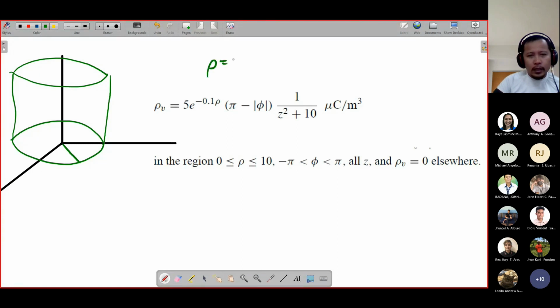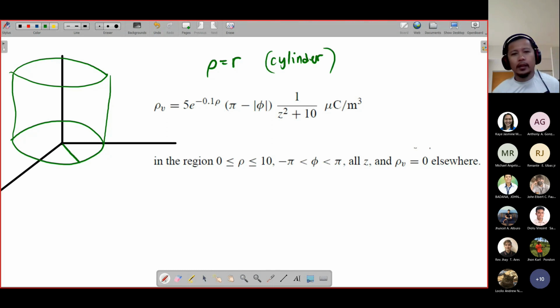Your rho is the radius for the cylinder. So, this is the given: 5 exponential to the negative 0.1 rho, times pi minus phi, and 1 over z squared plus 10 microcoulomb per meter cube. And these are the limits, and all z.